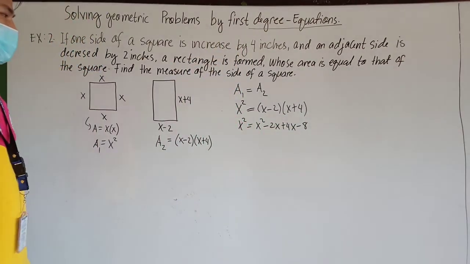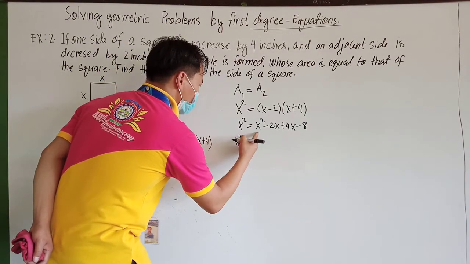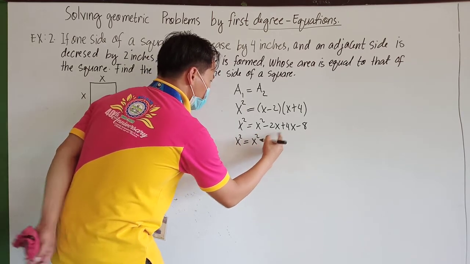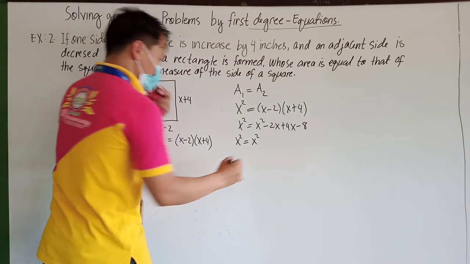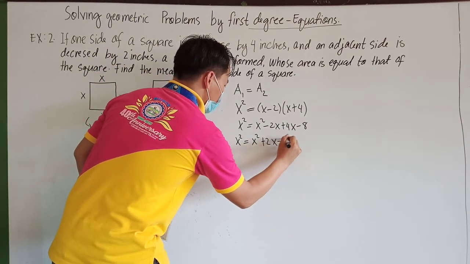Then, combining like terms, we have x squared equals x squared, negative 2x and 4x is positive 2x, minus 8.